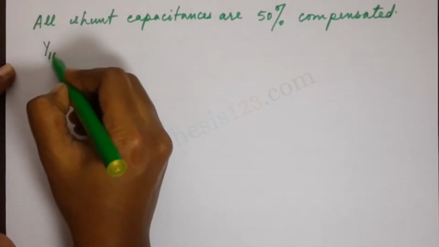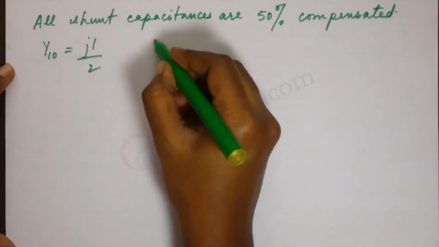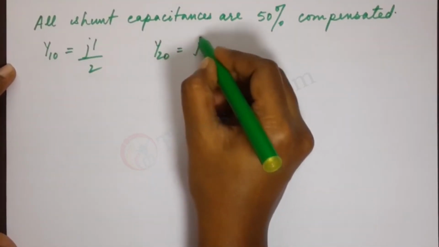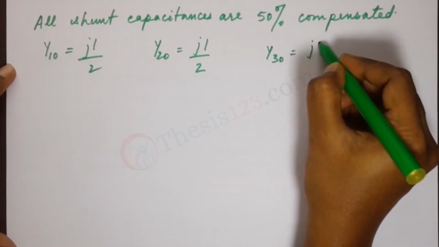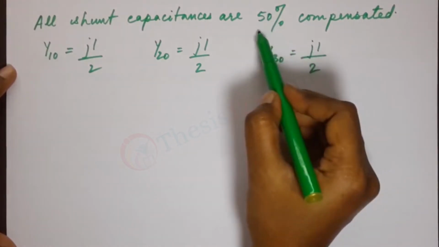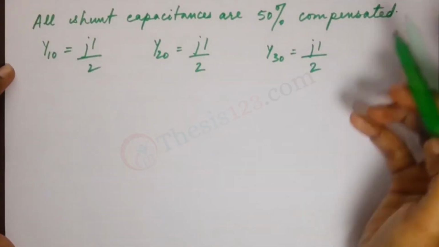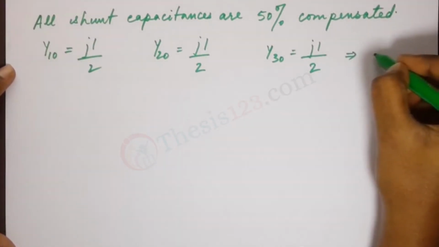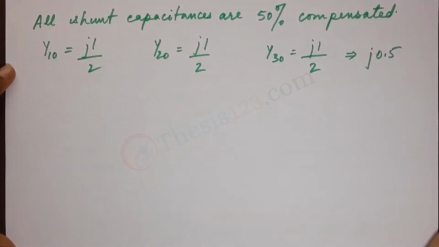So Y10 would now become J1 by 2, Y20 would become J1 by 2 and Y30 would become J1 by 2, reducing it by 50%. So each one of these values becomes J0.5. 1 by 2 is 0.5.